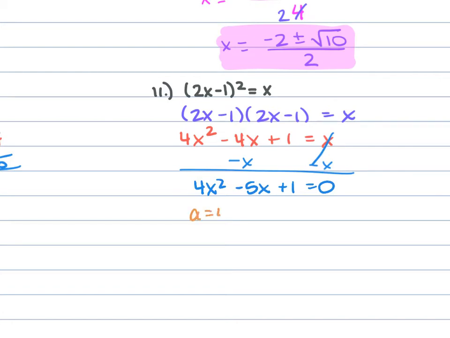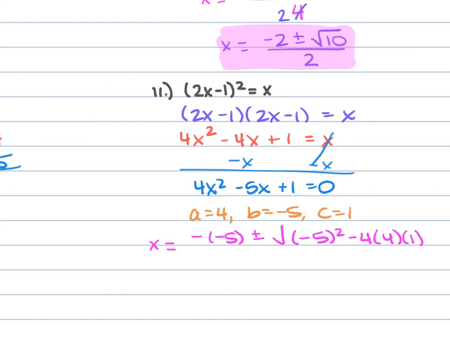So my a is 4, my b is negative 5, and my c is 1. So I'm going to plug these into my quadratic formula. I have a negative times negative 5 plus or minus the square root of negative 5 squared minus 4 times 1 all over 2 times 4.